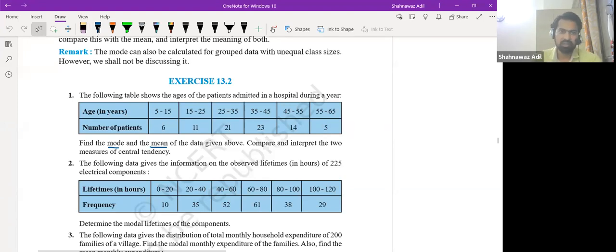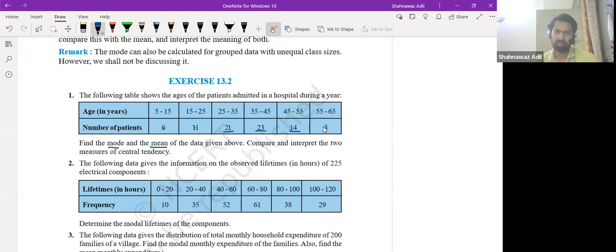So let's say if I calculate the mode for this data, only these three will be involved. And I don't use this one, I don't use this one, I don't use this one. So this does not come in my calculation. So how can I find this one, right?